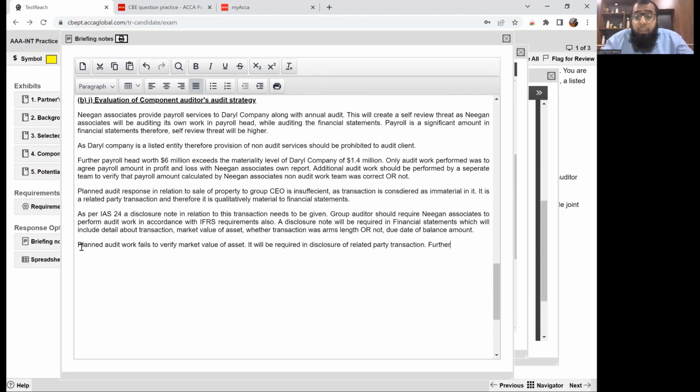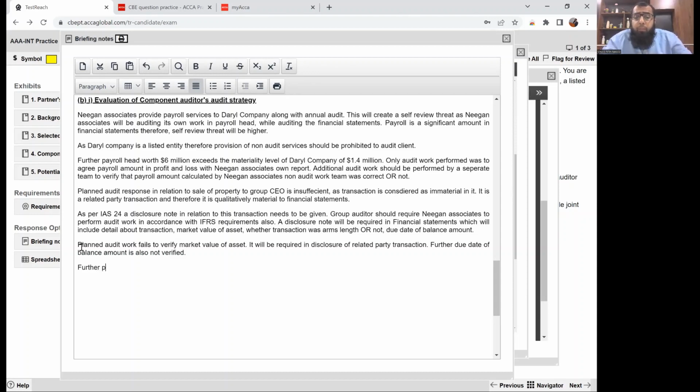Okay. Further, the due date of the balance amount, that is, when the balance amount will be cleared, is also not verified. Okay, because in the planned audit work, you are just verifying whether the receivable balance is included or not.